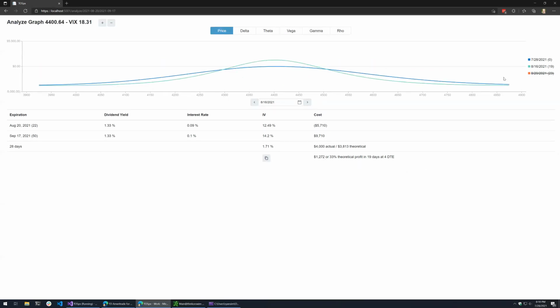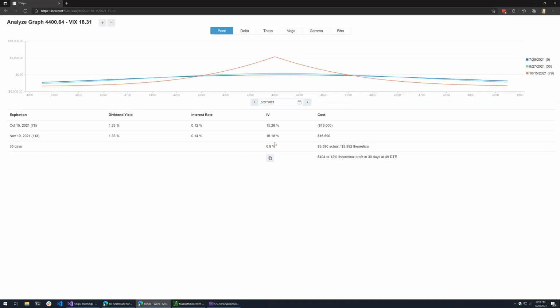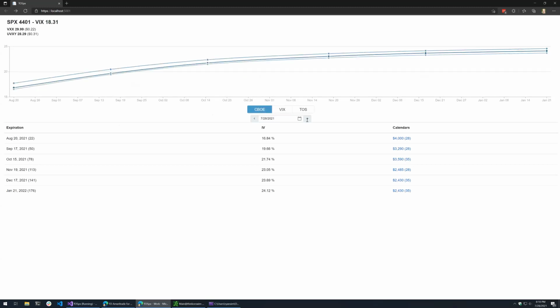But what I really wanted to know, as I'm shopping for dates and calendars, is this: if I'm trading the October versus November, with 83 days, I can expect over a 30-day period that I'll get a 12% theoretical profit if the market does nothing. That's really the number that I wanted to get to, and that's why I built this page. But that's neither here nor there. Really, this CBOE was the driving factor behind this whole thing.